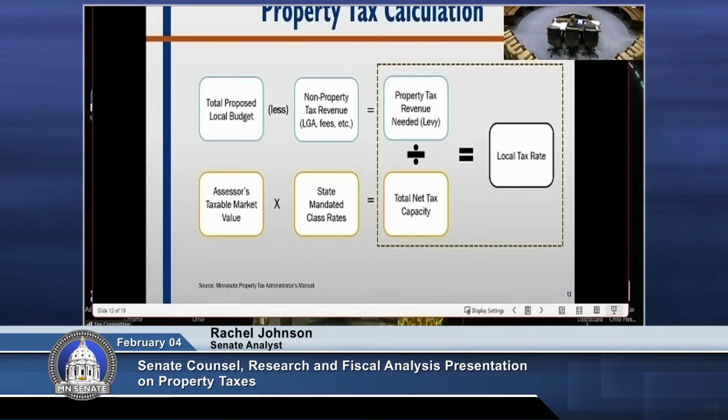And so that would be the levy. This levy is then spread onto the NTC base, and the NTC is determined by applying those class rates that Mr. Sylvia was just talking about earlier to the taxable market value of the property in the jurisdiction. And then the local tax rate is calculated by taking the levy and dividing it by the total net tax capacity.